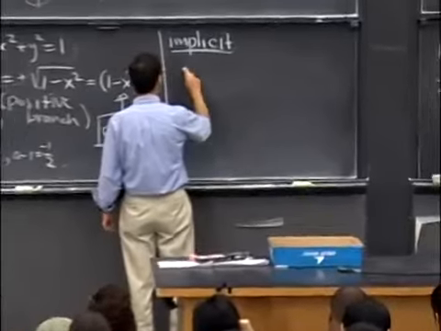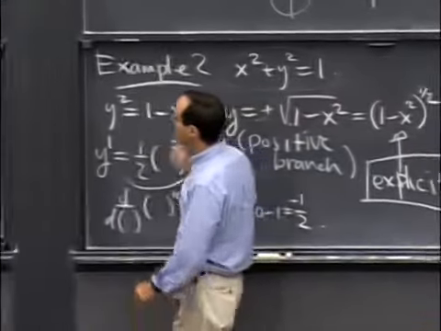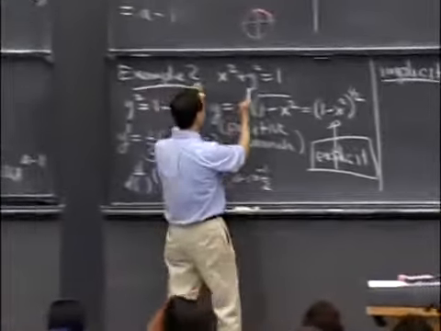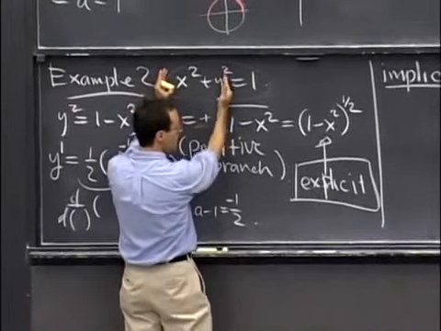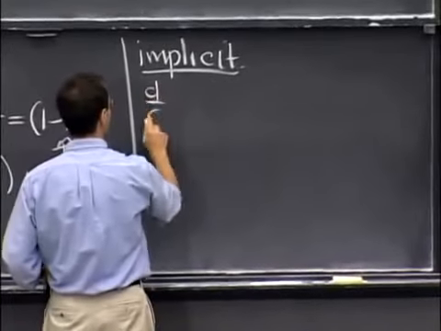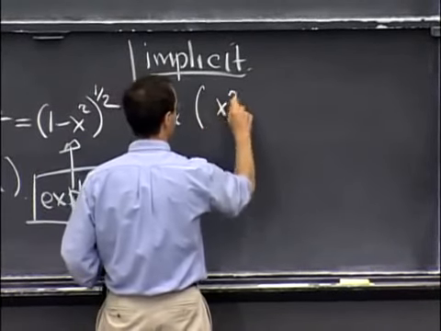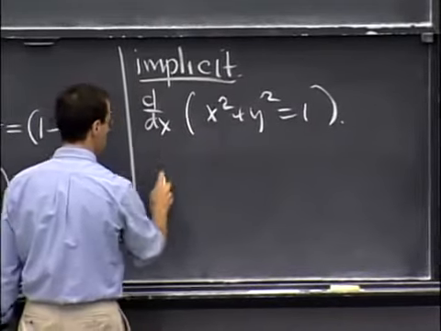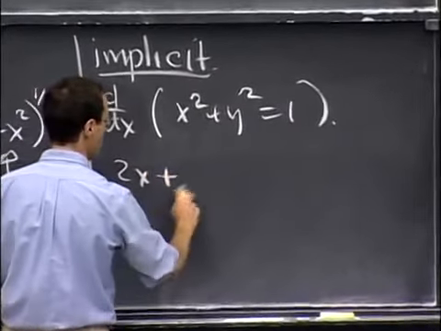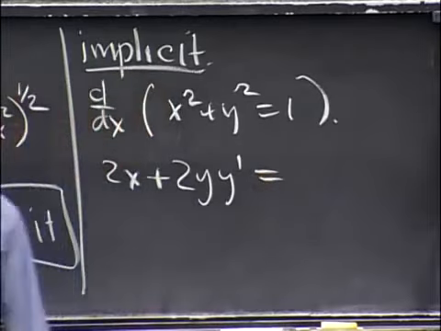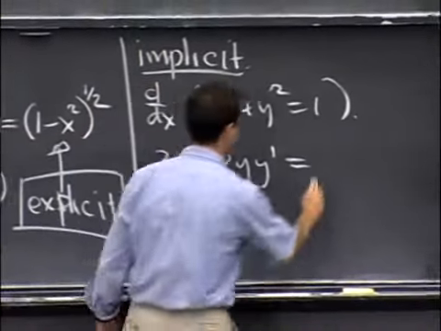So what happens? So again, what's the method? Let me remind you. You're applying d by dx to the equation. So you have to differentiate the left side of the equation and differentiate the right side of the equation. And what you get is 2x plus 2y y prime is equal to what? 0.